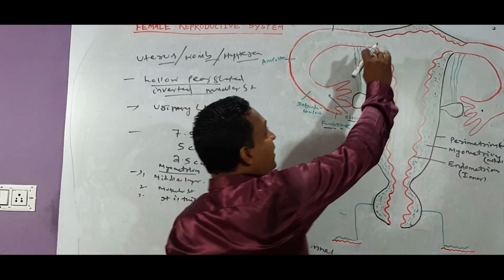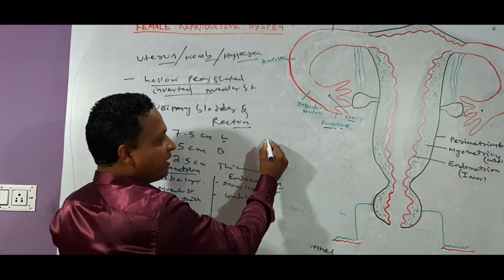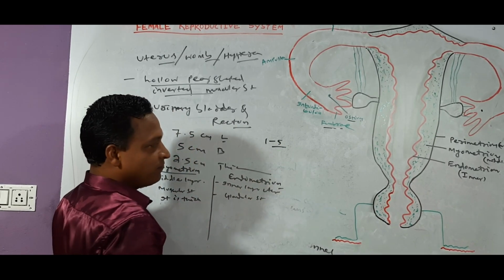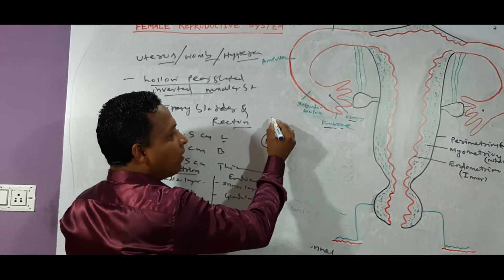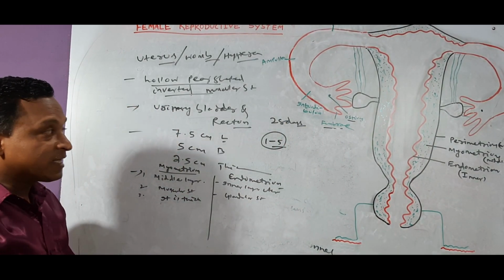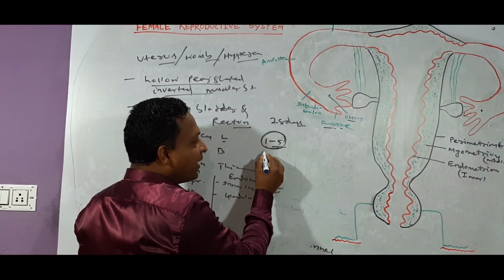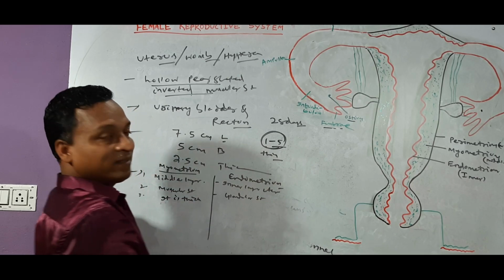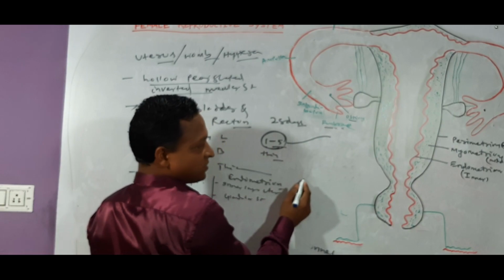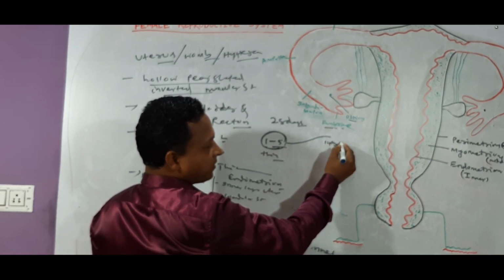The endometrium, the innermost layer, undergoes cyclic changes. The menstrual cycle takes nearly 28 days. In the first 5 days, the endometrium is thin. After that it slowly grows, and it is thickest towards the 14th or 15th day.